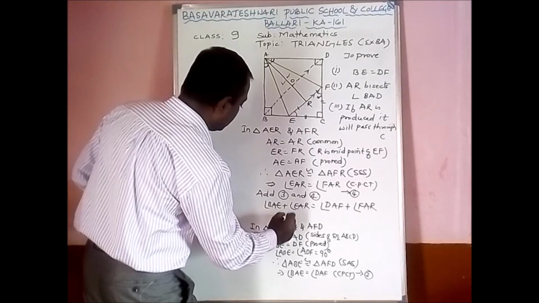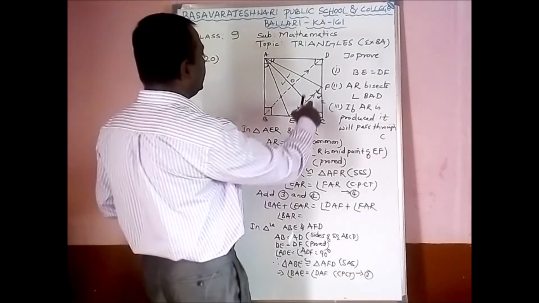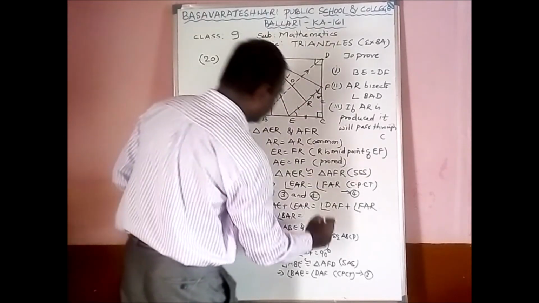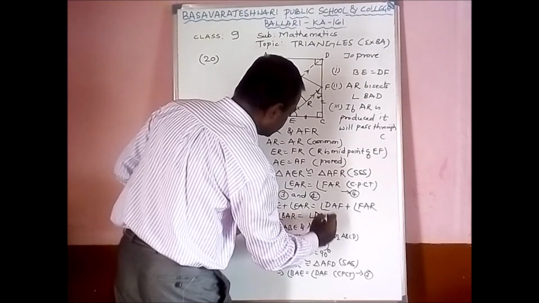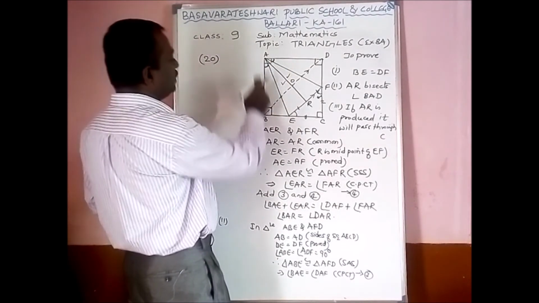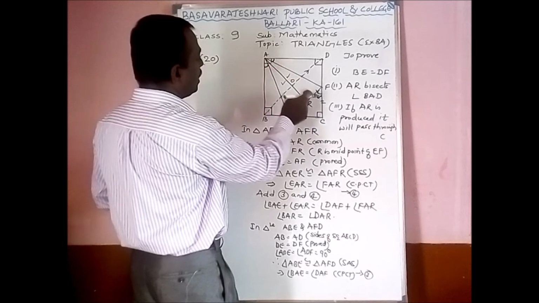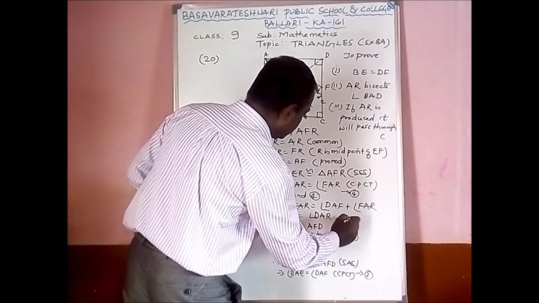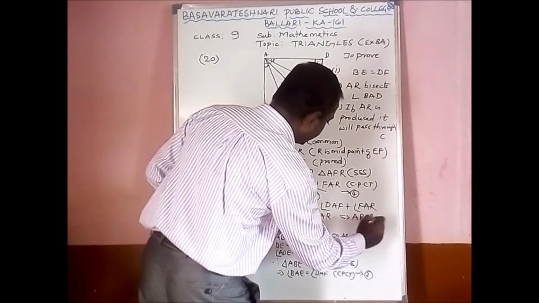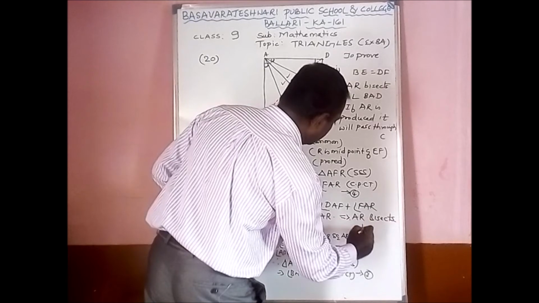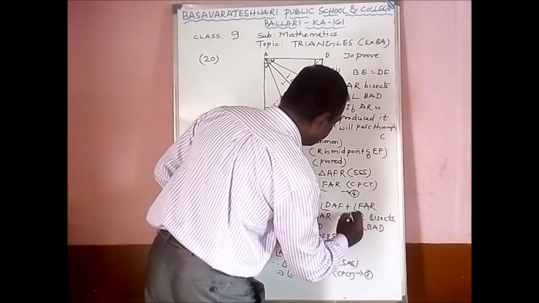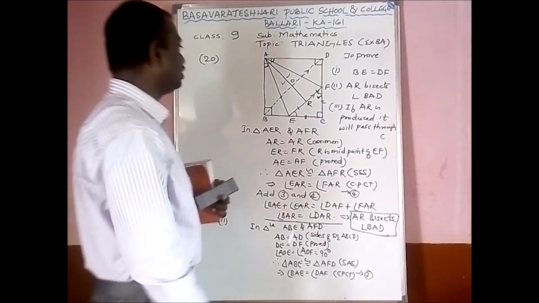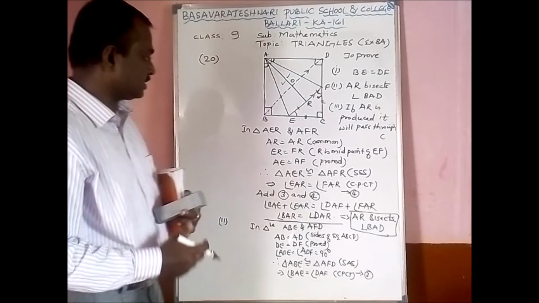Angle BAR is equal to angle DAF plus angle FAR, which is nothing but DAR. So what does it show? These two angles are equal. Angle BAR is equal to angle DAR, therefore this implies AR bisects angle BAD. So this is the second part of the question. Note down these points.